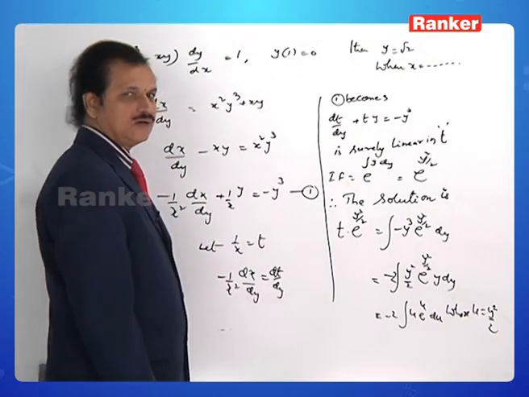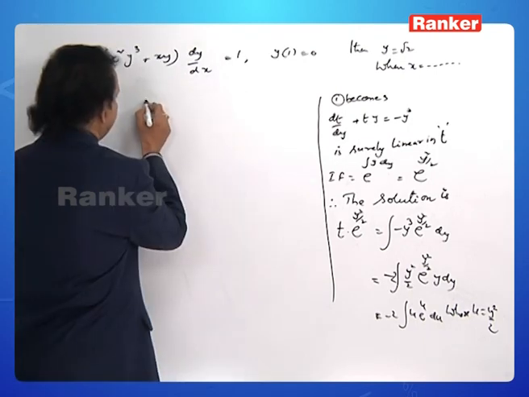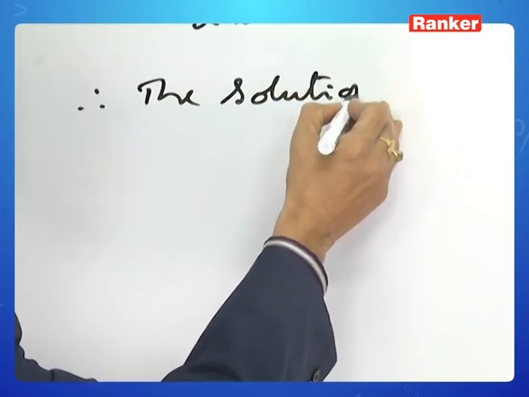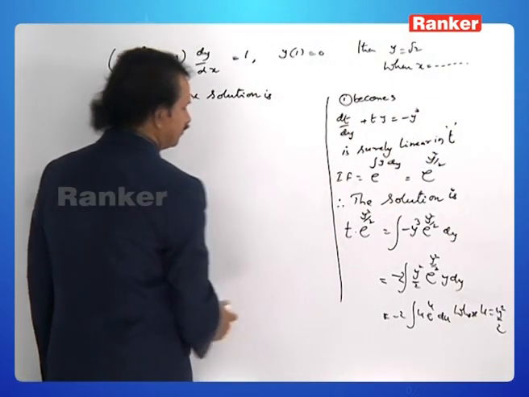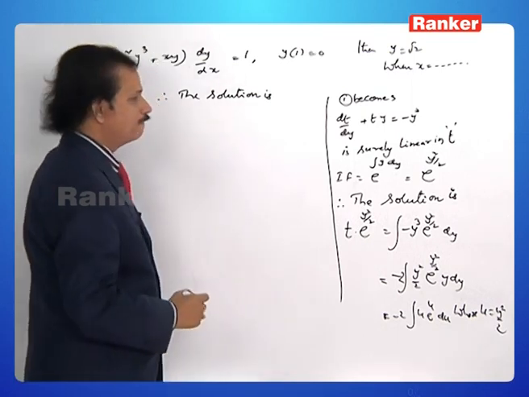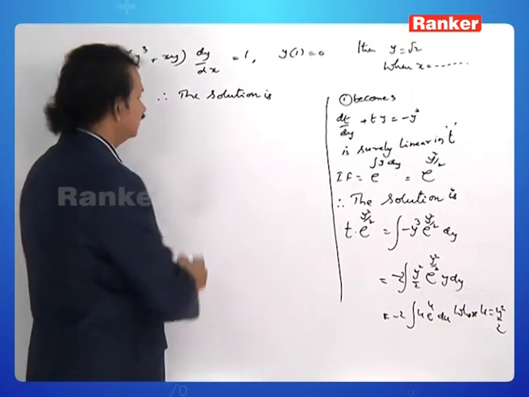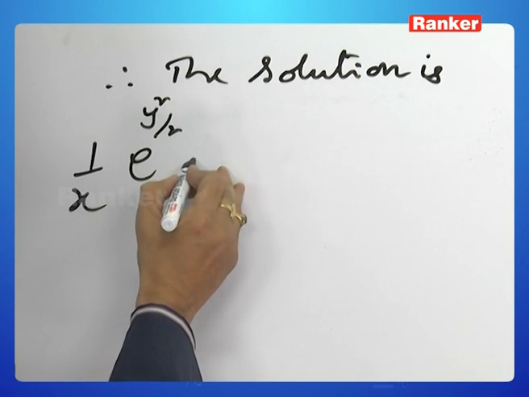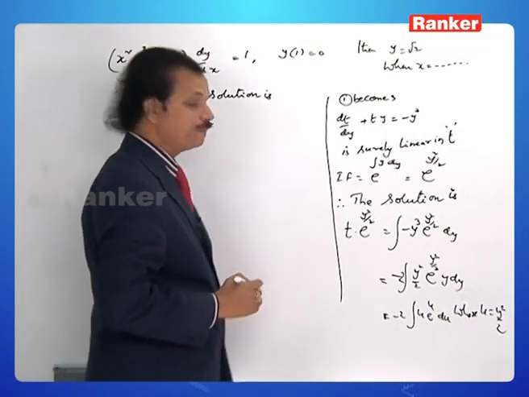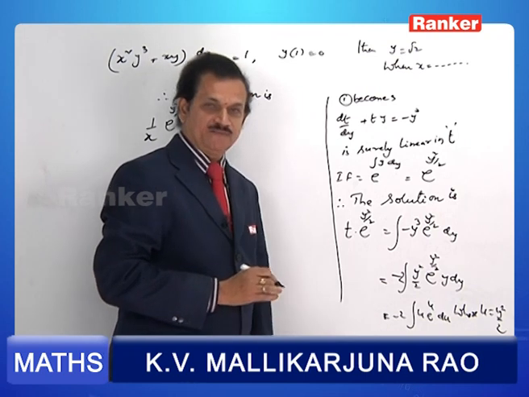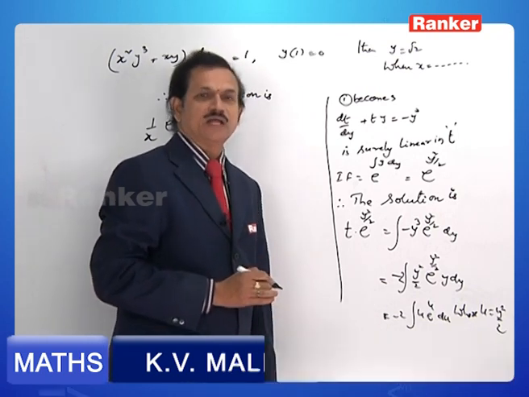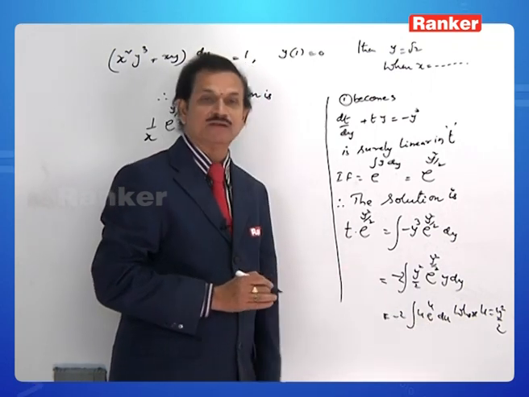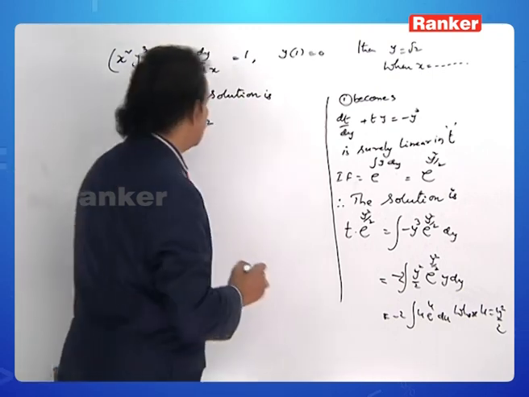Good. What is the solution? Ultimate solution. Therefore, the solution is t into, what is t actually? 1 by x into e power y square by 2 is equal to minus 2 into, from the knowledge of indefinite integrals, especially integration by parts, you can recollect that the integral of u into e power u is e power u into u minus 1, isn't it?